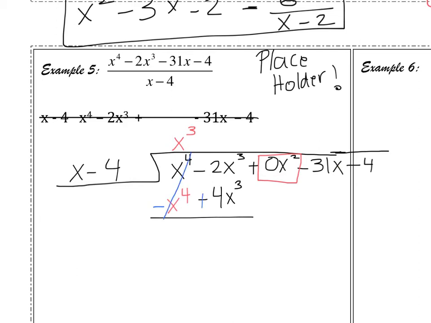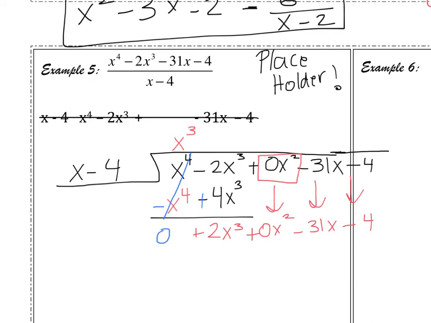X to the 4th minus x to the 4th, that cancels out. See how the powers are lining up? There you go. So negative 2 plus 4, that's a plus 2, x to the 3rd. And I copy everything down. So plus 0x to the 2nd, minus 31x, and minus 4.